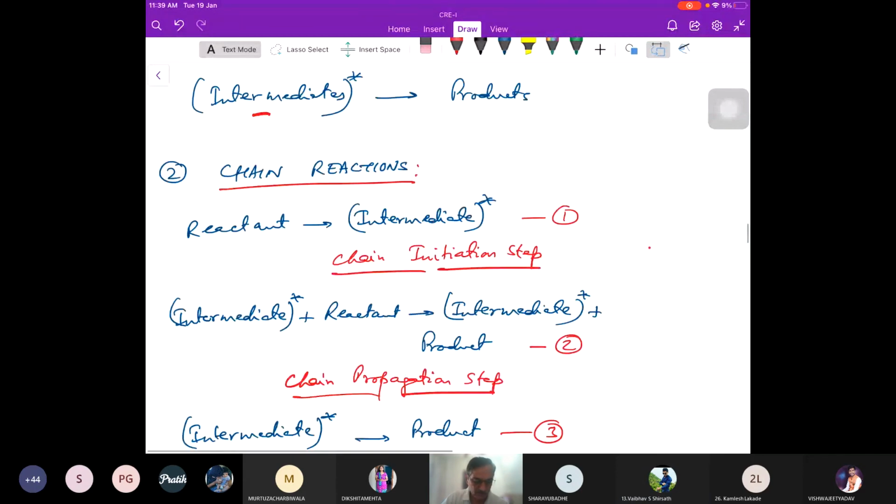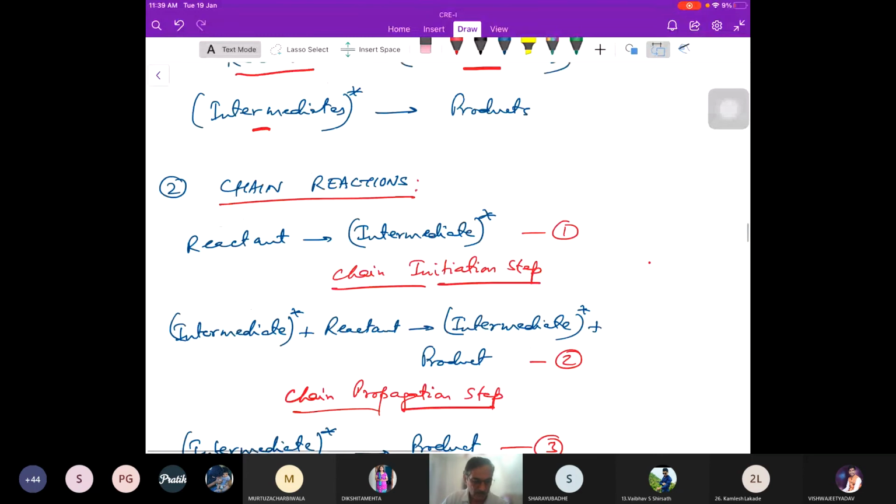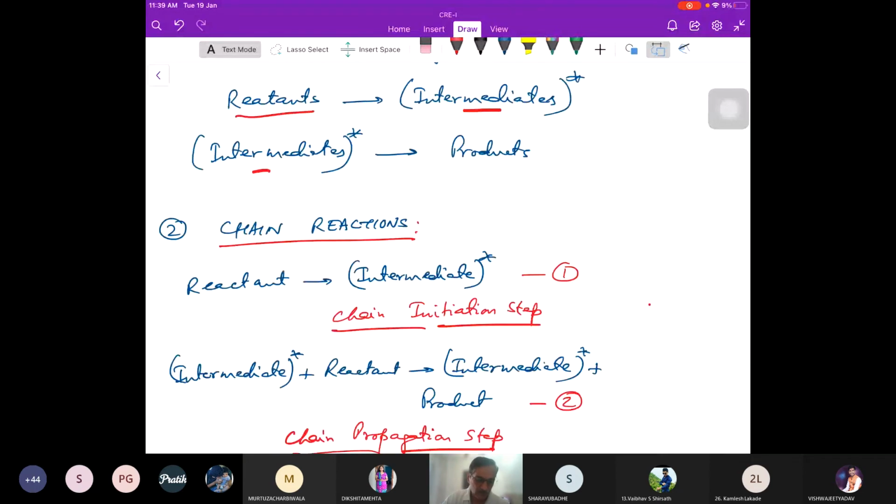So look at chain reaction. With reactants, again similar to this one, we'll get an intermediate, right? This is called the chain initiation step. Then in the second step, the intermediate will react again with reactant to give another intermediate and product, and this is called the chain propagation step.